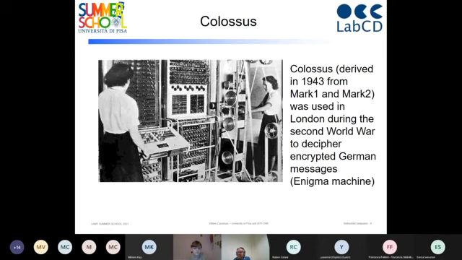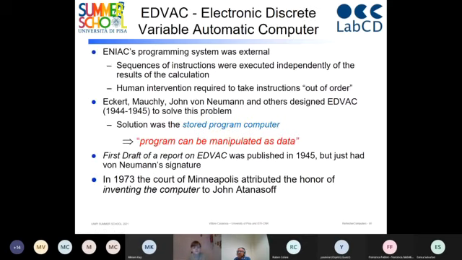The US government was somehow allocating unlimited resources for the development of those computers. By the end of the war in 1945, the next generation of computers came out with EDVAC, and a paper was published.